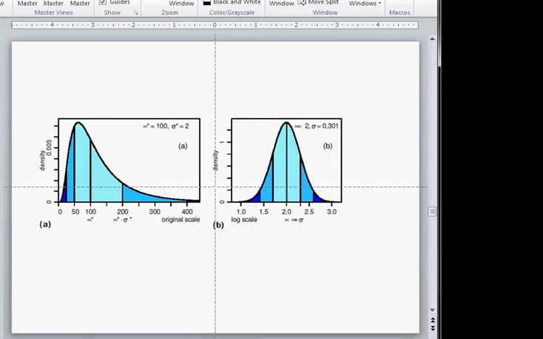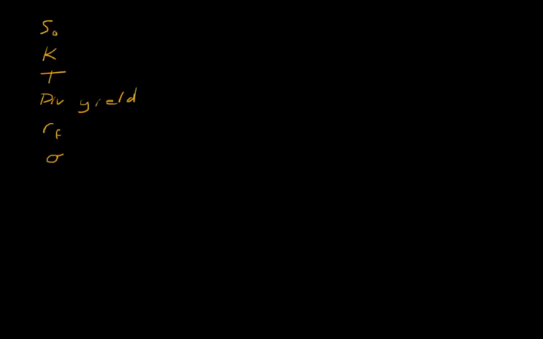Okay, so how is that going to affect what we do? Let's walk through the steps. Let me clear off. These are the basic model inputs, and let's spend some time understanding this.